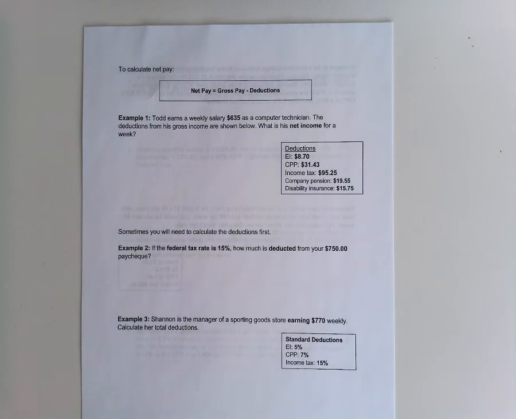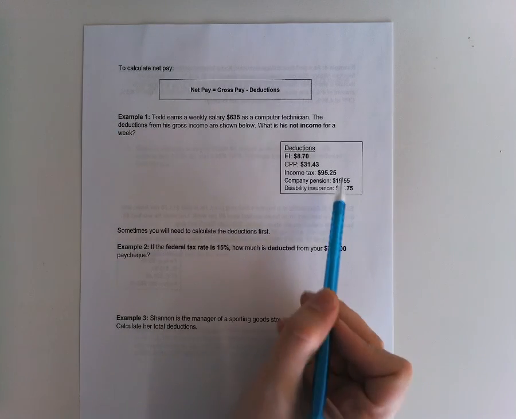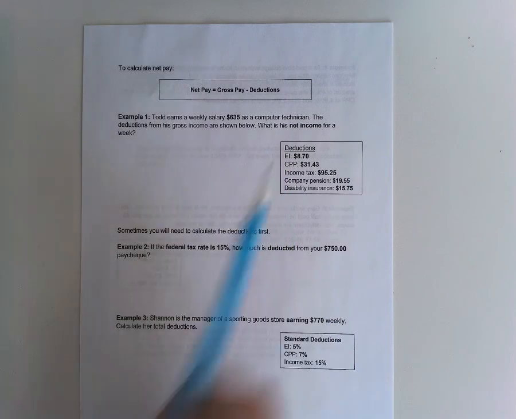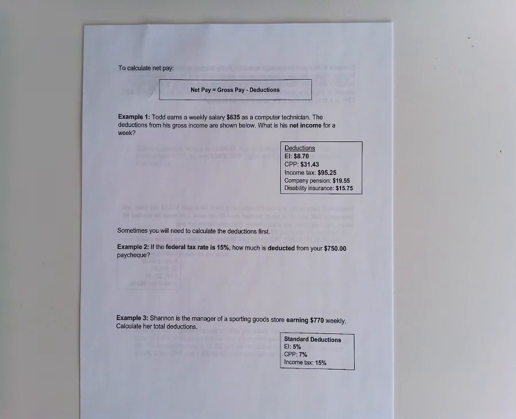So if we look at example 1, it says Todd earns a weekly salary of $635 as a computer technician. The deductions from his gross income are shown below. So these are his deductions. What is his net income?